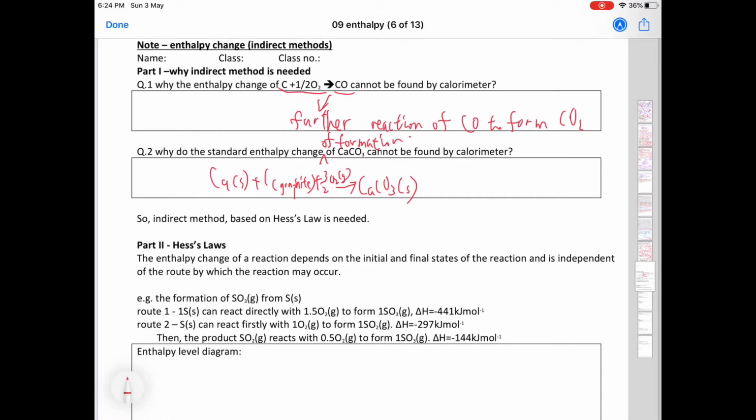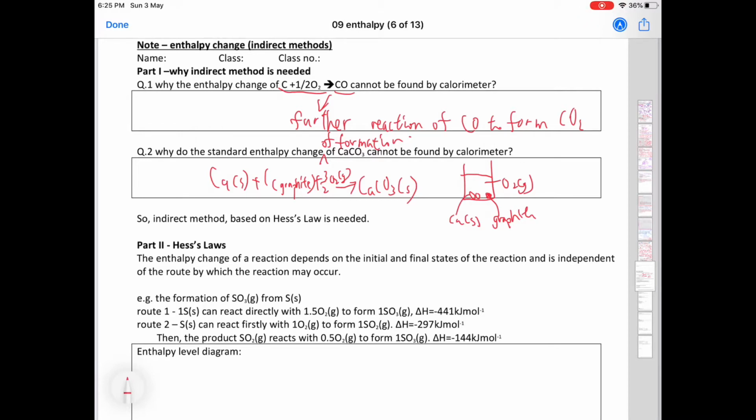Why can't this enthalpy change be measured by a calorimeter? Think about it. If you really have a container with some calcium metal and some graphite inside, and some oxygen on the top, and you allow them to react, what will happen?